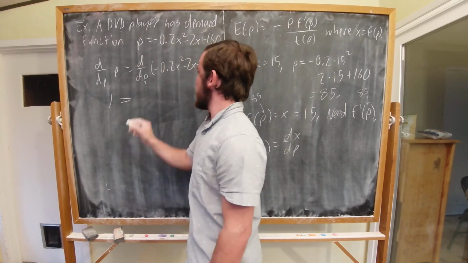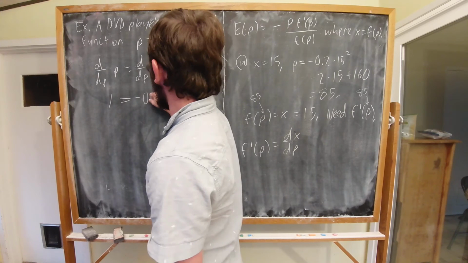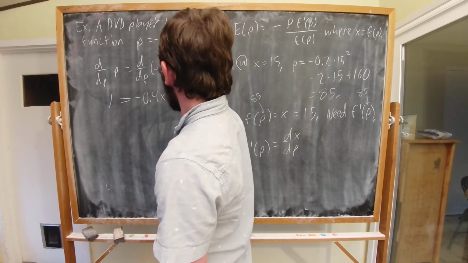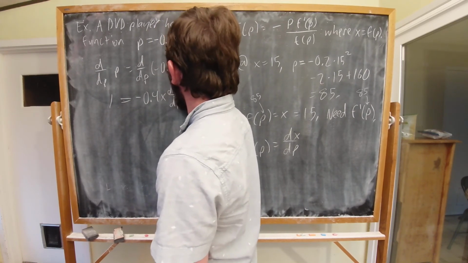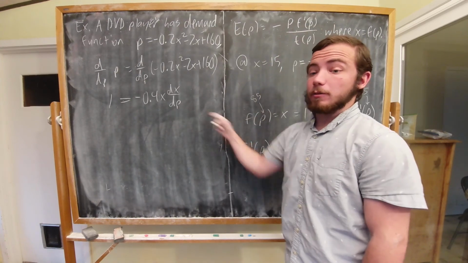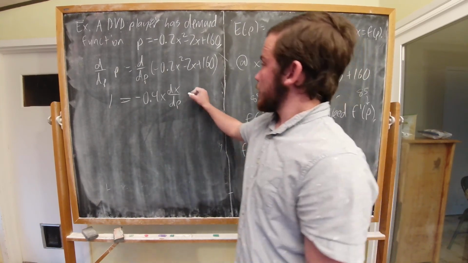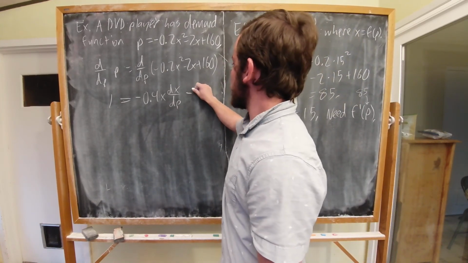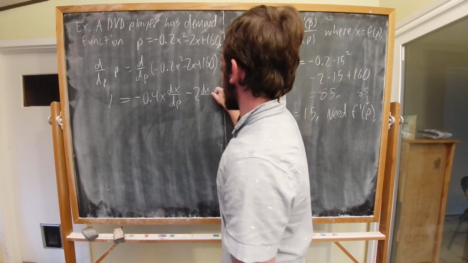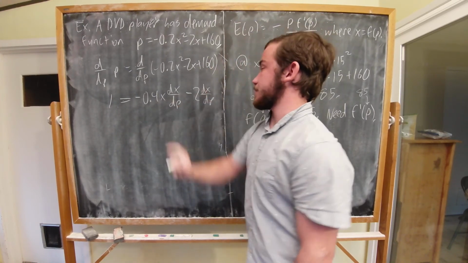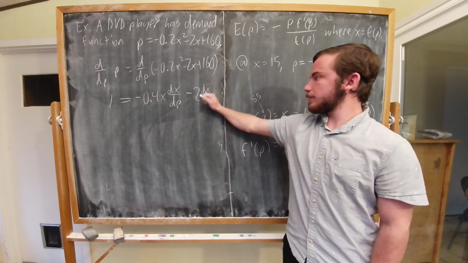That's equal to negative 0.4x dx dp, right? Because that's what we're going for. We're going for F prime of P. Minus 2 dx dp. Plus 160 will go to 0 under the derivative.